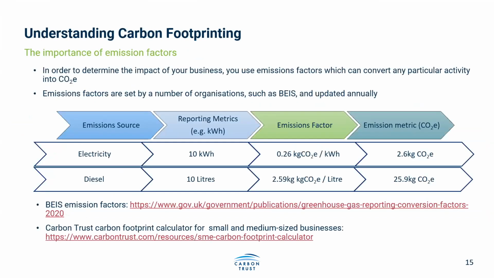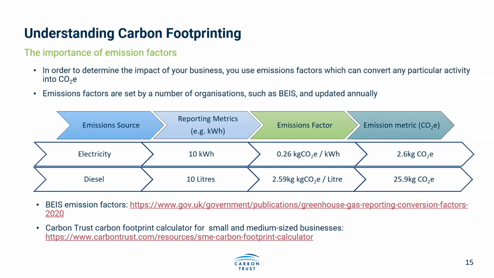So this is perhaps shown more clearly on this next slide. As I mentioned, you're looking at understanding what the source of emissions would be, electricity and diesel being some of the most common sources. You're gathering the activity data, in this case electricity, 10 kilowatt hours, or 10 liters of diesel, as the example shown here. You're then finding the emissions factor.